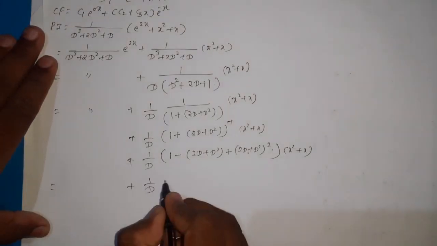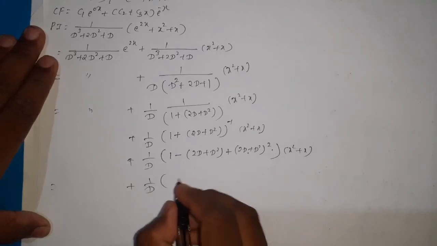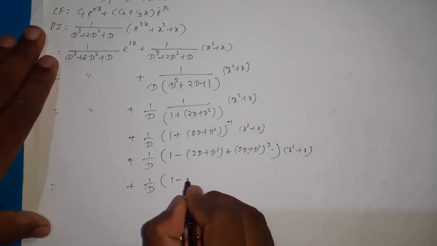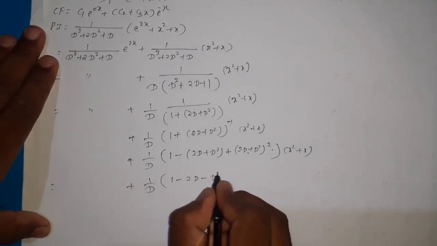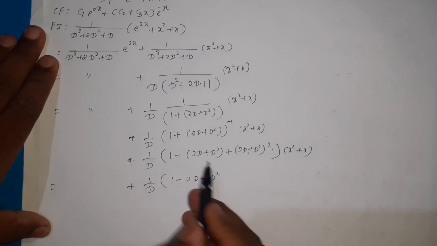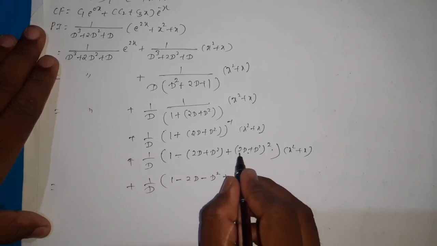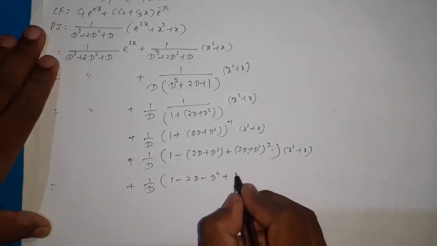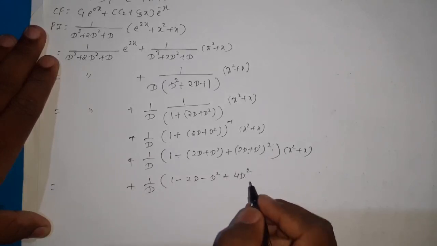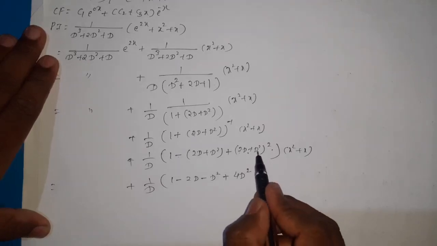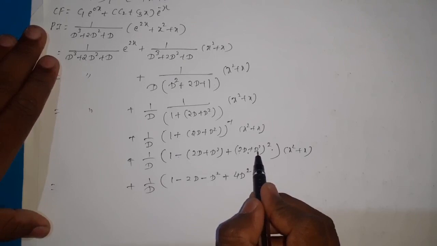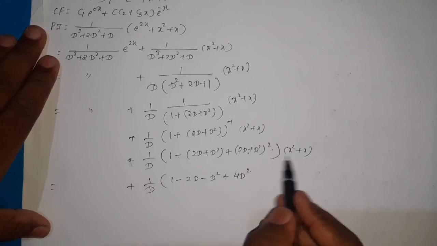Now 1 by D here, now simplify this one: 1 minus 2D minus D square, because of multiplying with the negative sign, plus the expansion of this one, a plus b whole square. a square is what, 4D square, b square is D power 4, so here the power of D is 4, which is greater than 2, no need to consider.